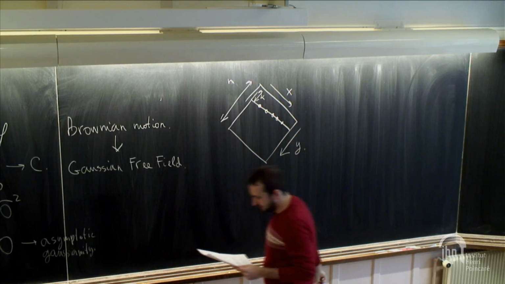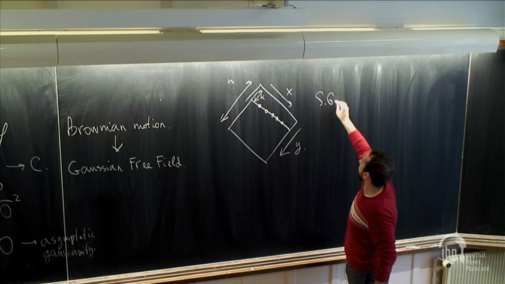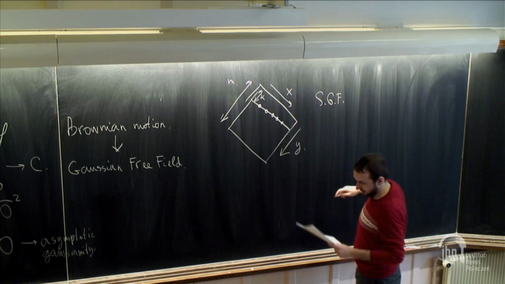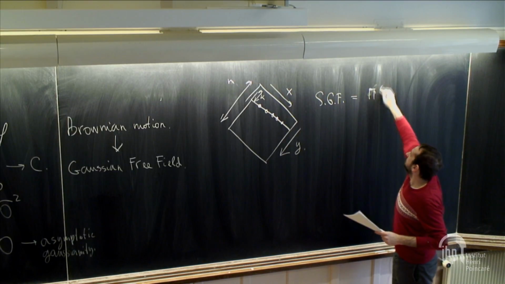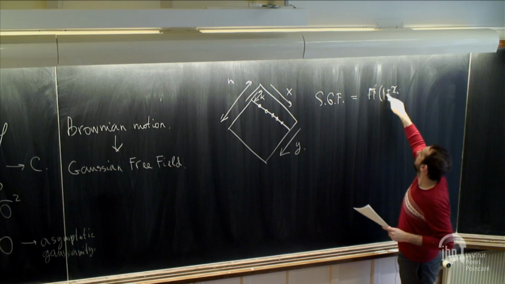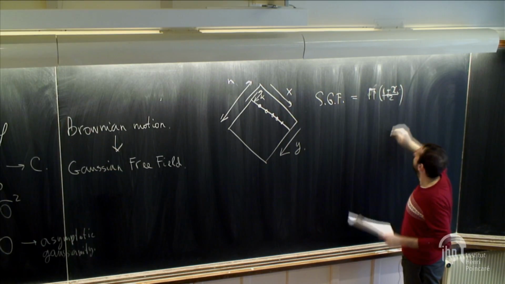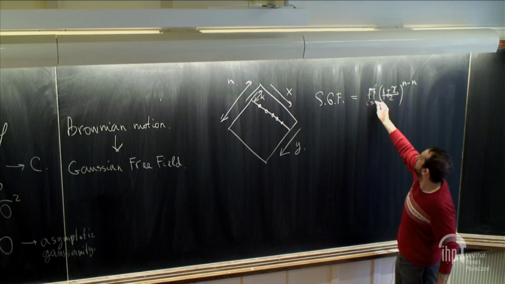We were using extensively the fact that the Schur generating function of these is equal to the product of (1 + x_i) over 2, raised to the power n minus k, with i going from 1 to k.